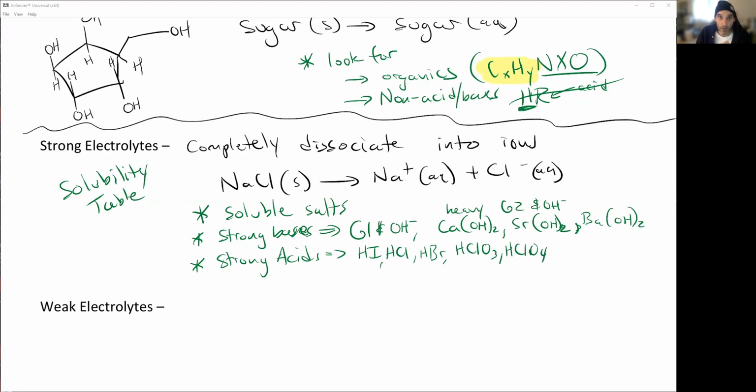So the oxo ions, the mineral acids of the chloride, HNO3, H2SO4. And that is the list right there. So those are the ones you got to know. Those are all considered strong acids.